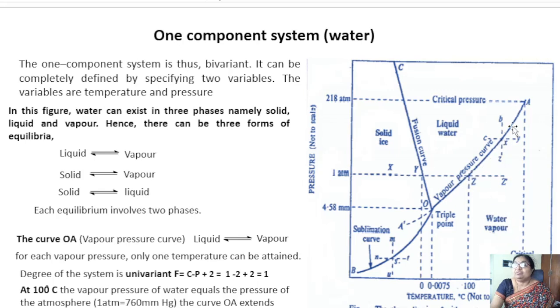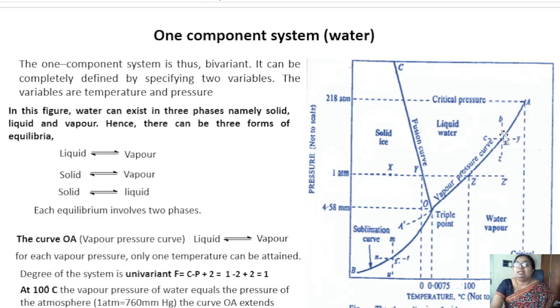All the points taken on the OA line are in equilibrium with these two phases, liquid water and water vapor. Therefore, this line is univariant. If we extend the OA curve above the critical temperature of 374, there is no water existing as liquid.